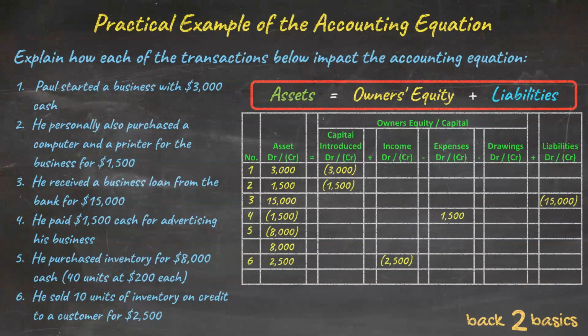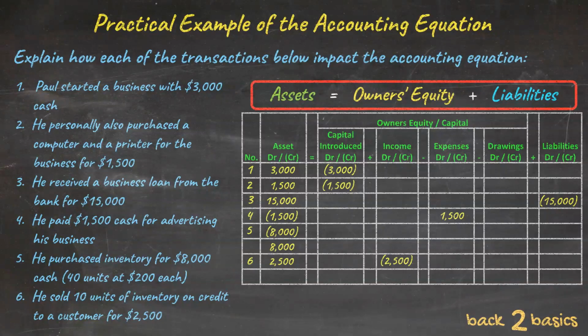The second part of the transaction is the units of inventory that was sold. There's a reason why under point number 5, they show you in brackets that it was 40 units at $200 each. And there's a reason why they tell you then in number 6, the amount of units that were sold, which was 10. Because here you need to do a bit of a calculation before we can continue. We first need to work out the cost of the inventory sold.